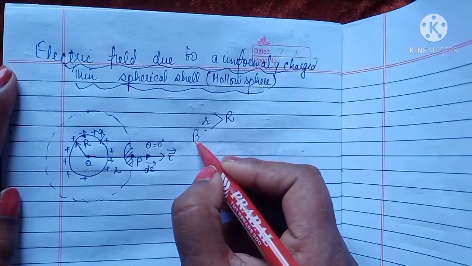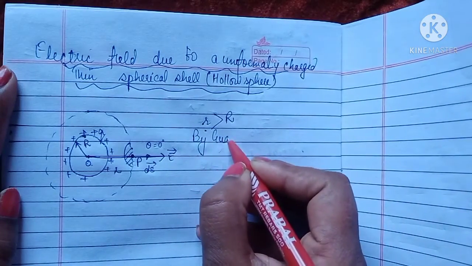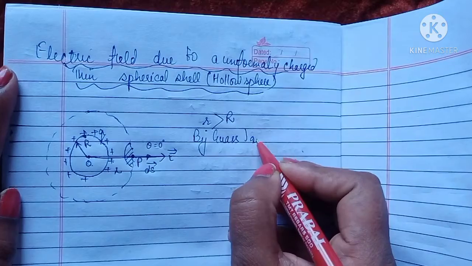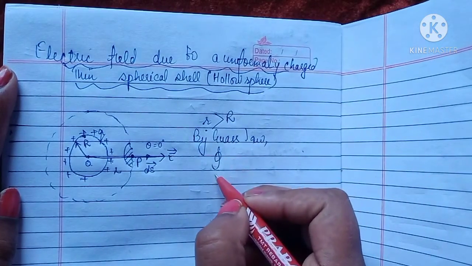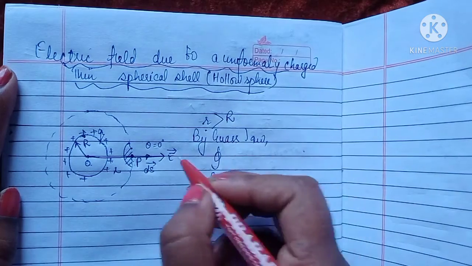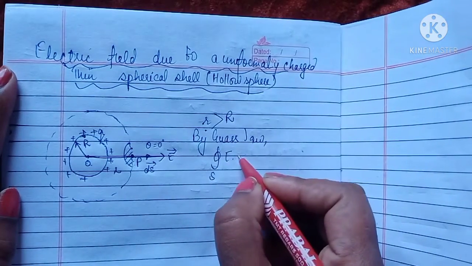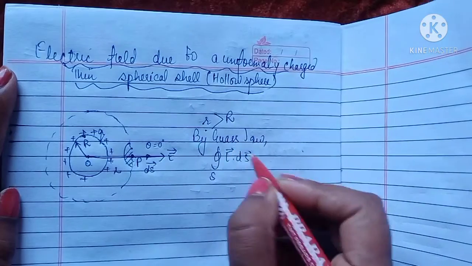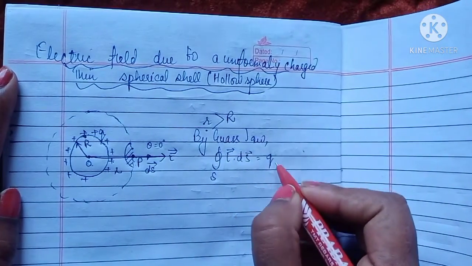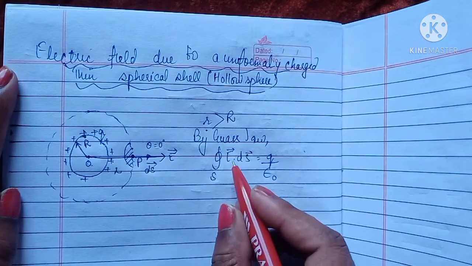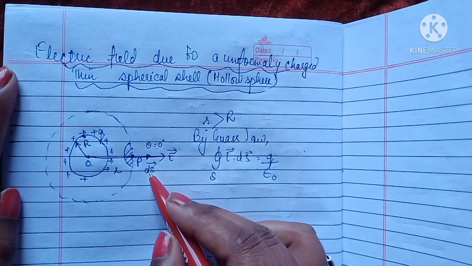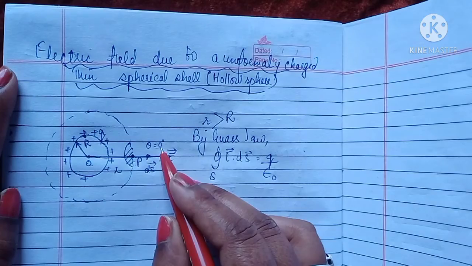Because this is an application of Gauss law, we apply Gauss law. By the Gauss law, the flux is the integration around the closed surface S of E dot dS, and that is q over epsilon naught. This is the definition of the Gauss law. Because the electric field and the dS vector are in the same direction, theta is 0 degree.